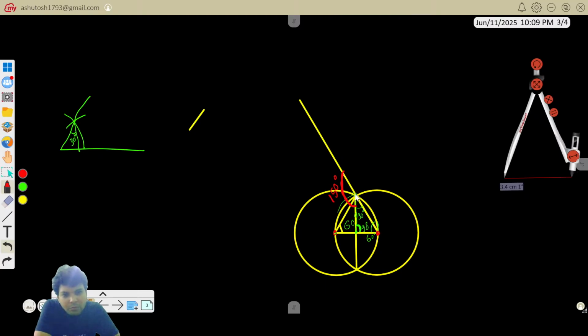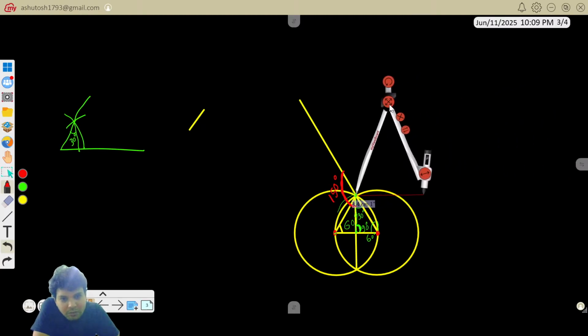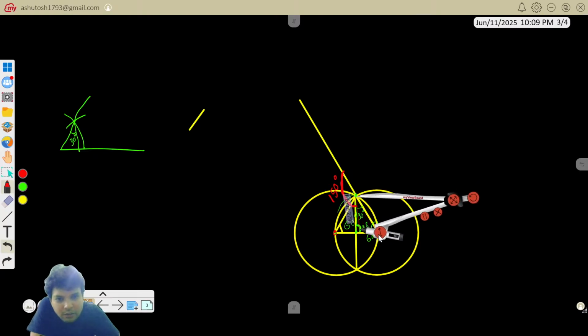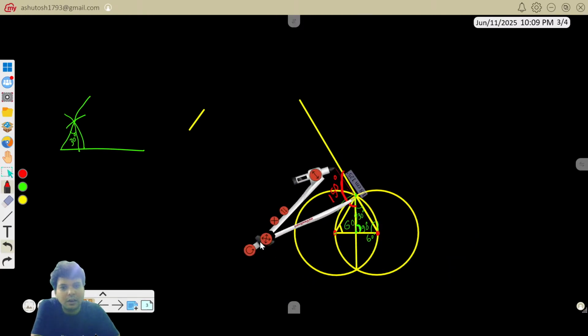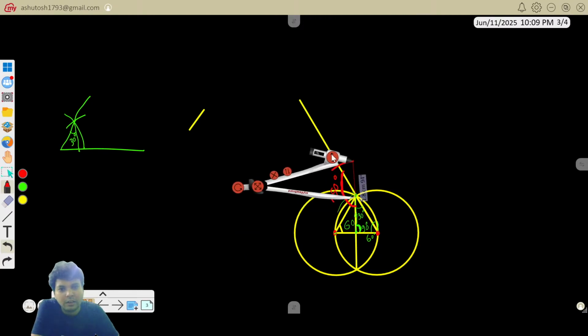Now I have to make a bisector to this. How can I make that? With the help of the compass itself. If I take the compass at this point, and now from this, I take this length and, see how beautiful it will be, I cut this thing.